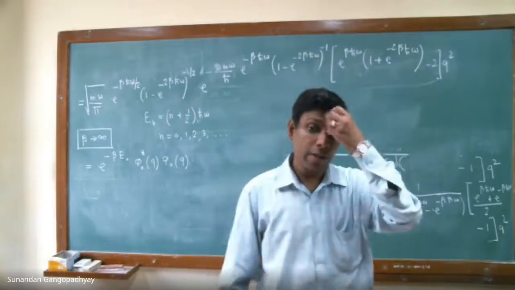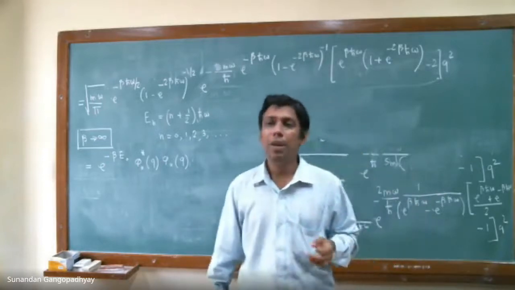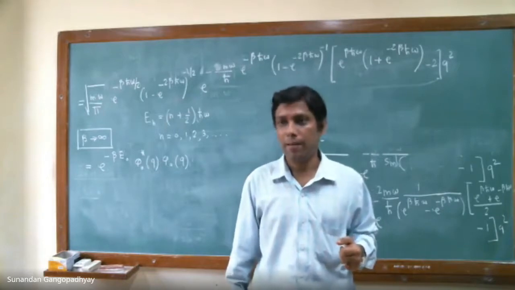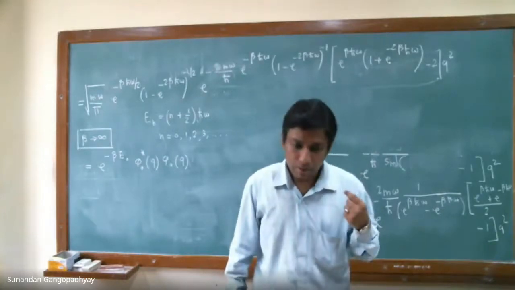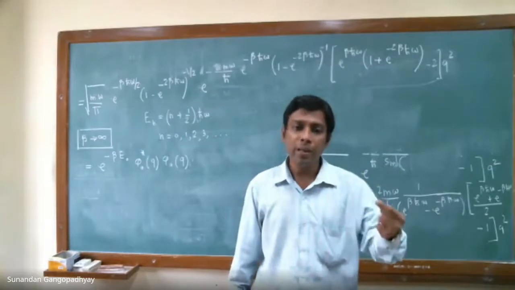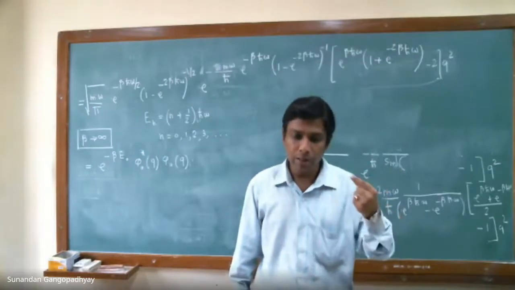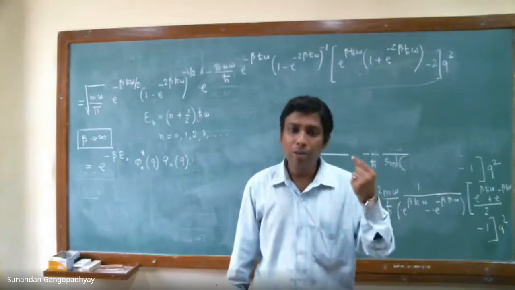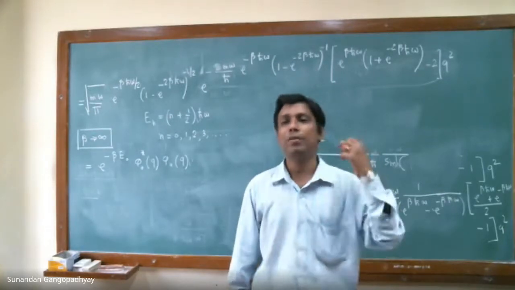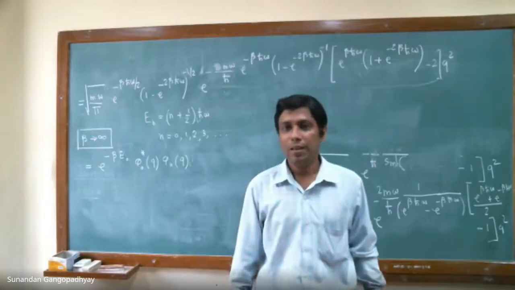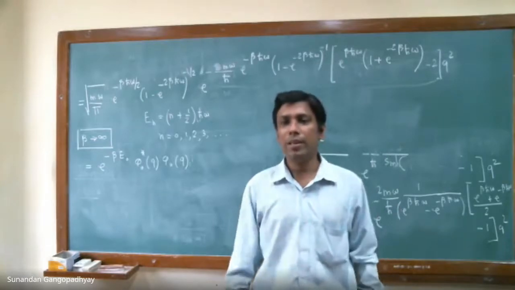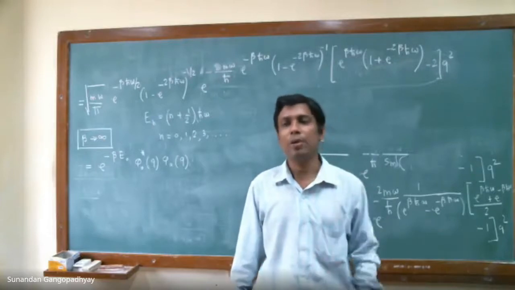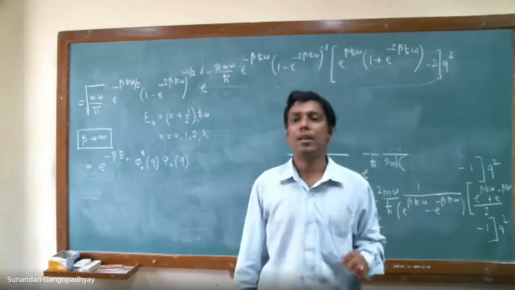Temperature T is important. We have already calculated the partition function of the quantum harmonic oscillator. So it is important to bring in the concept of temperature in order to investigate the thermodynamics of the quantum harmonic oscillator. If you ask what will be the thermodynamic behavior of this quantum harmonic oscillator, then temperature comes into the game.